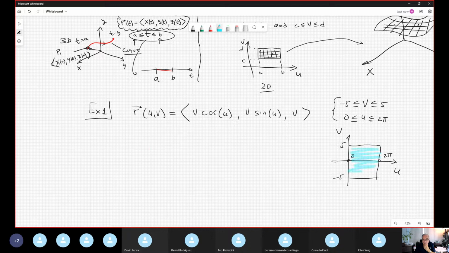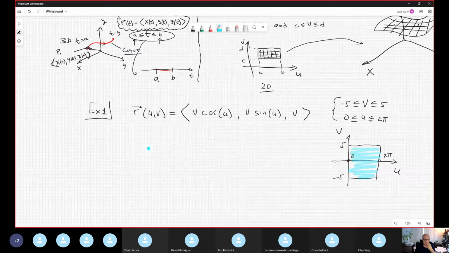And this is my region, my domain of this vector valued function. Just now, the thing is, how do you see that in three dimensions? This is the challenge. How do you see that surface in 3D?